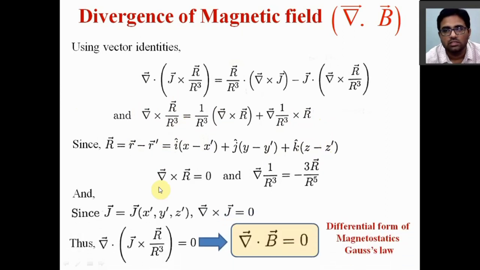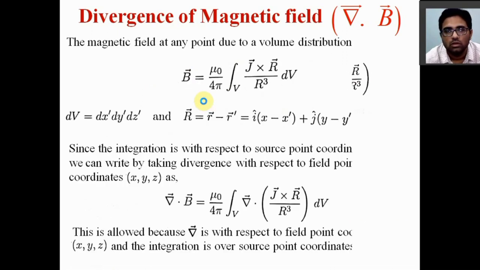Now since the current density is with respect to source point coordinates and the del operation is with respect to field point coordinates, curl J will be 0, right? So as a whole, this divergence of (J cross r vector by r cube) will be 0.